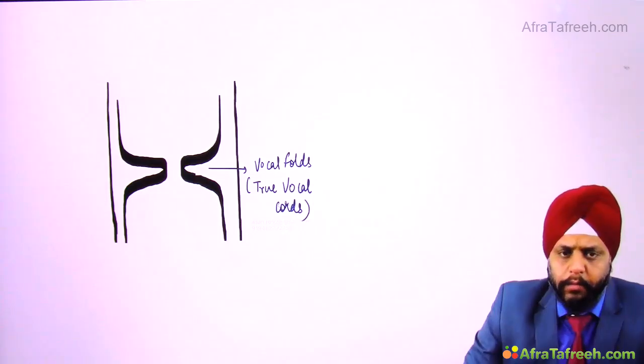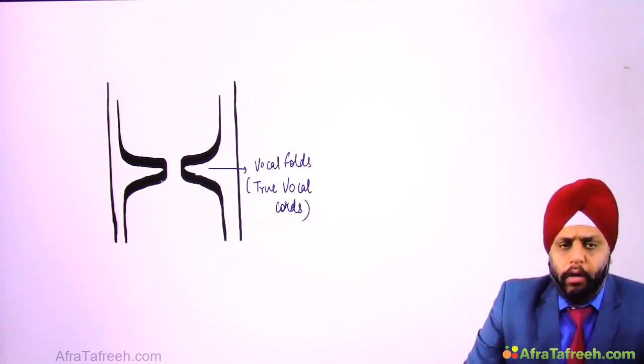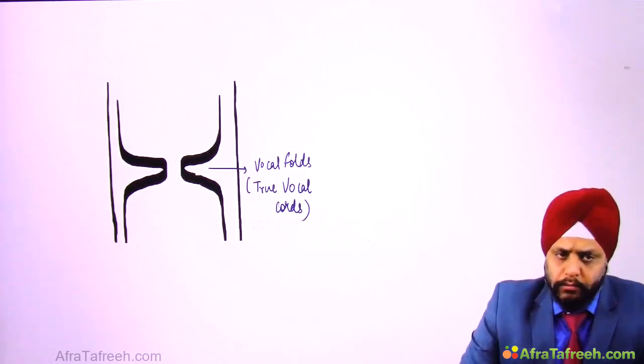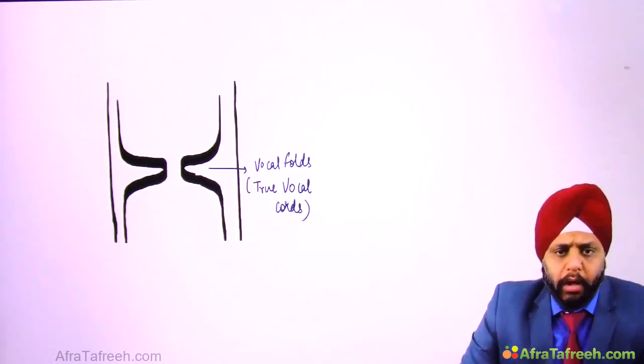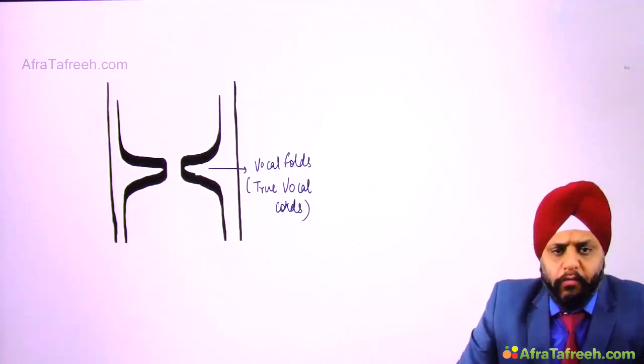We don't call them vocal cords now. Why? Do they look like cords? Cord means like a rope, like a string. No, they don't look like cords. They look like folds, so that is why we call them vocal folds.